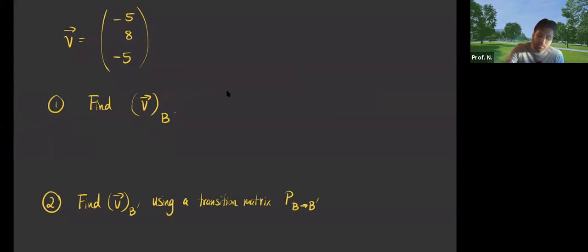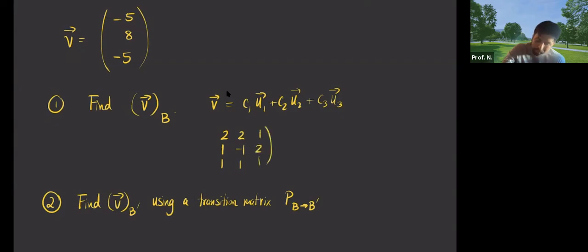I need to do V equals C1 U1 plus C2 U2 plus C3 U3. There's no way around doing this first step. This is just straightforward standard: find the coordinate vector relative to the basis B. So long story cut short, this equation would be 2, 1, 1; this is 2, negative 1, 1; and this is 1, 2, 1, multiplied by C1, C2, C3.